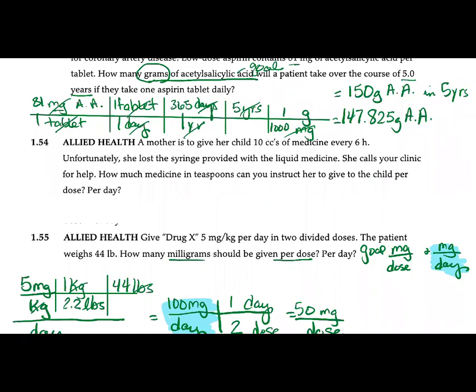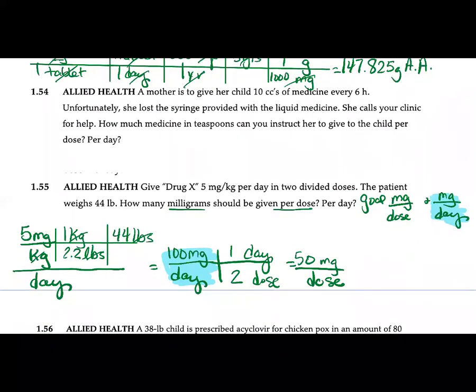So I'll give you a conversion. I know that 5 cc's is equal to 1 teaspoon, okay? So if she was told to give 10 cc's of medicine every 6 hours, can I change cc's to teaspoons, and then we can calculate things from there.